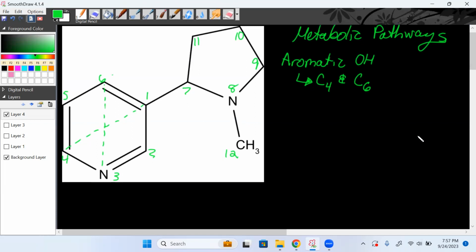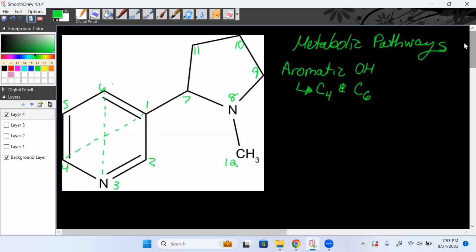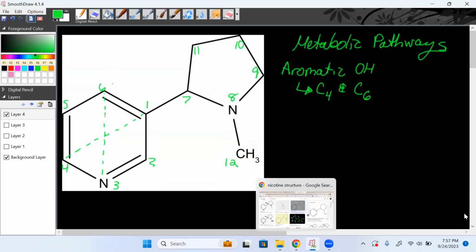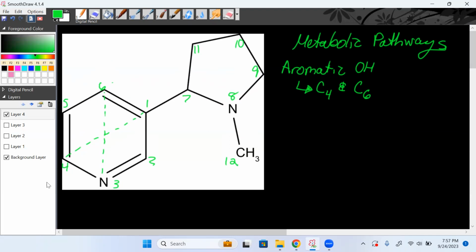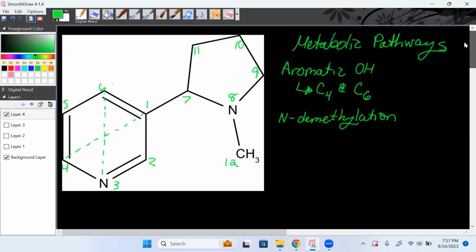What else is a valid metabolic pathway? Yeah, N-demethylation. 100%. I would agree. All right.